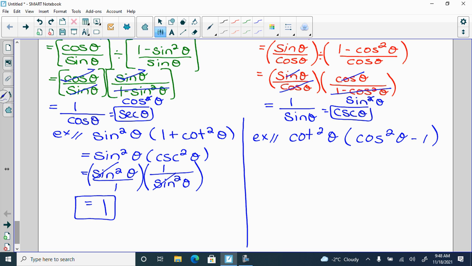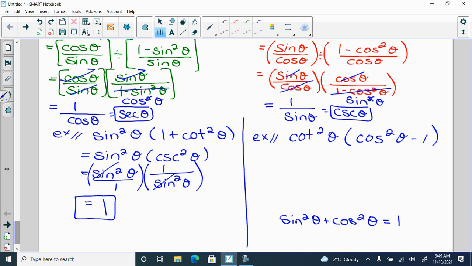The second one's a little different because people want to replace cos squared theta minus 1 with sine, but it's 1 minus cos squared. So if I want cos squared minus 1, how do I rearrange that formula? The formula I'm dealing with is sine squared theta plus cos squared theta equals 1.